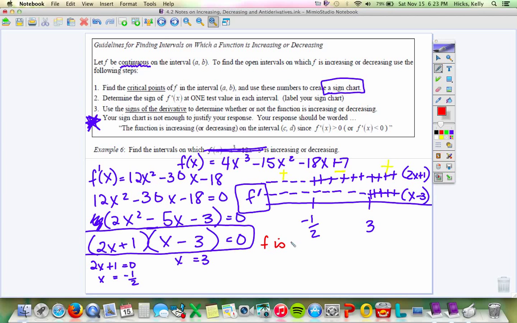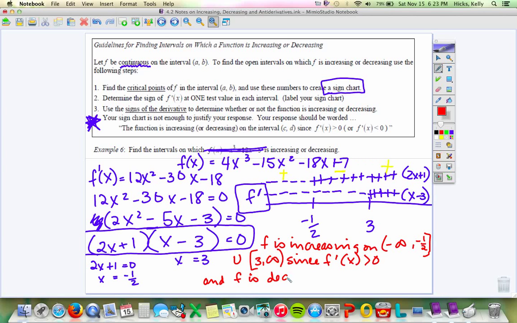So to sum up this problem, I would say f is increasing on negative infinity to negative 1/2 together with 3 to infinity, since the derivative is greater than 0, and f is decreasing on negative 1/2 to 3, since the derivative is less than 0.